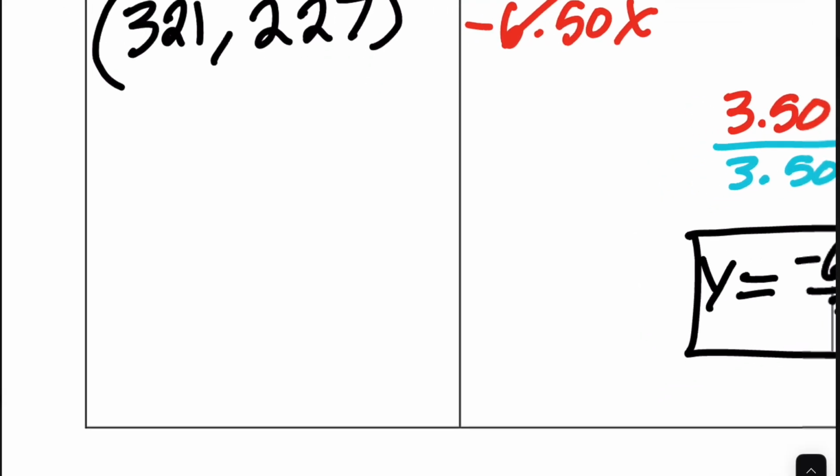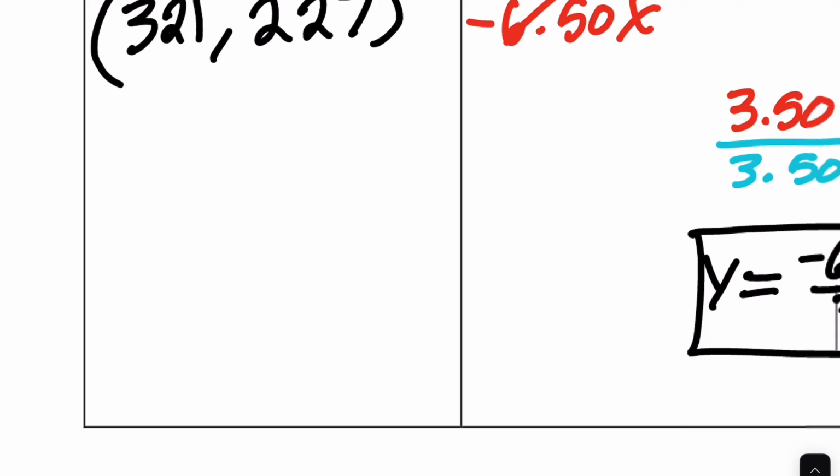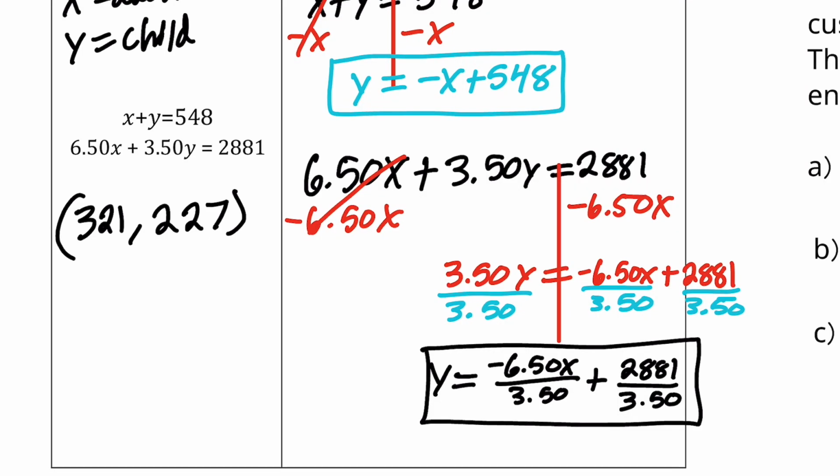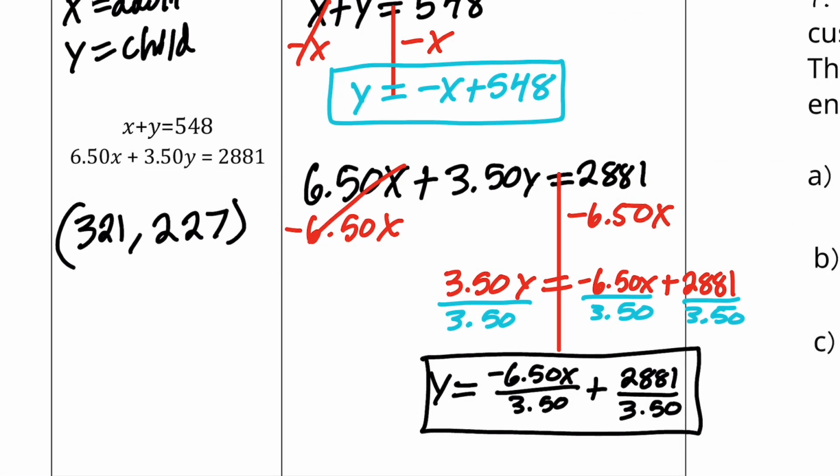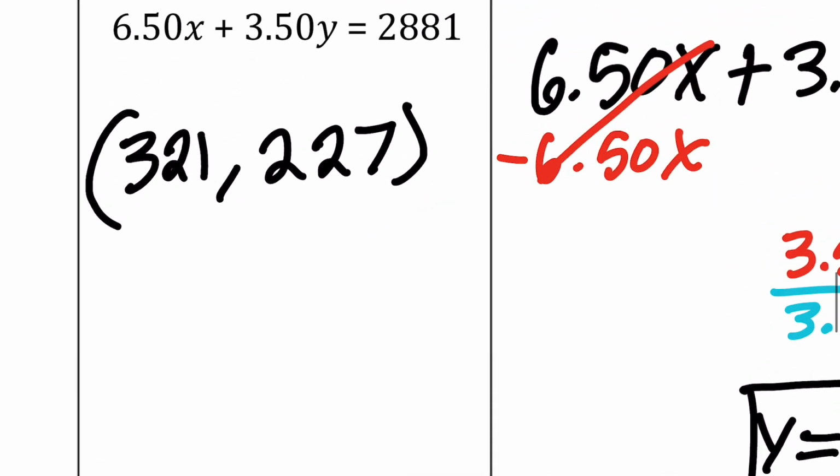Let's try this again. Okay. All right, so we got my point of 321 and 227. 321, again, are the adult tickets that were sold.